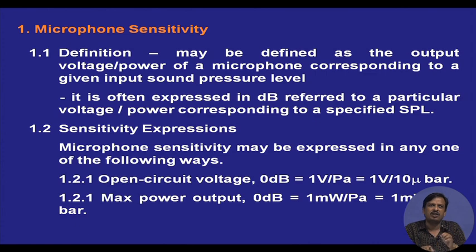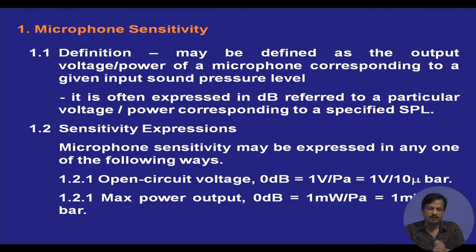So, in the specification of the microphone both can be written or one can be written: the voltage sensitivity, 1 Pascal pressure giving 1 volt, and the power sensitivity, 1 milliwatt power for a 1 Pascal pressure.